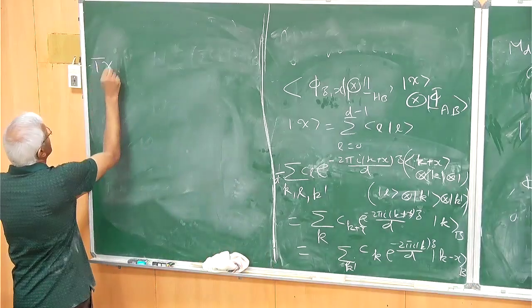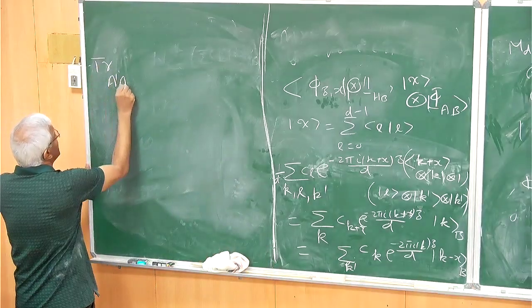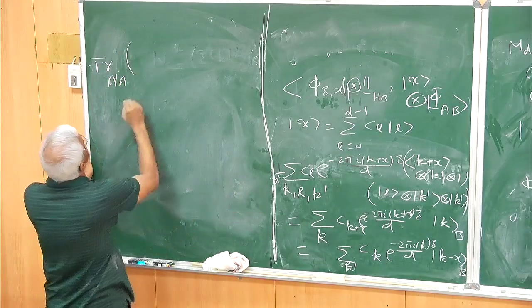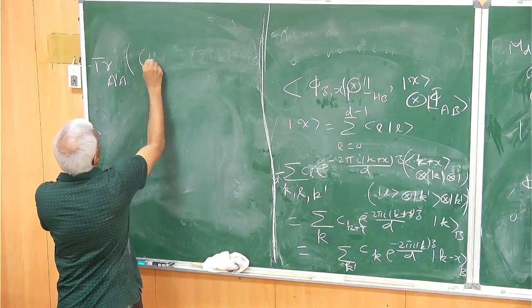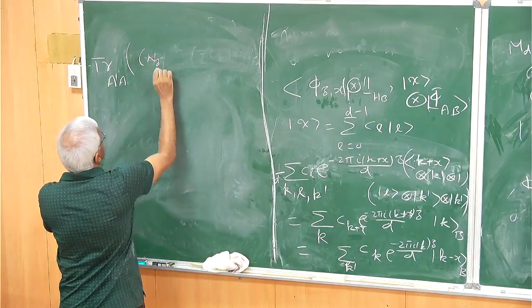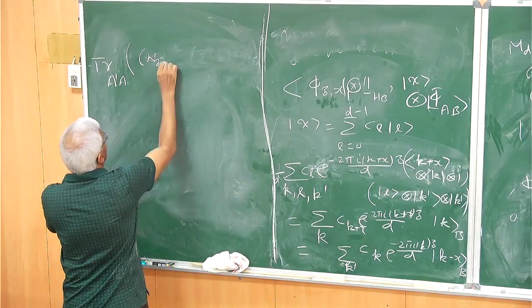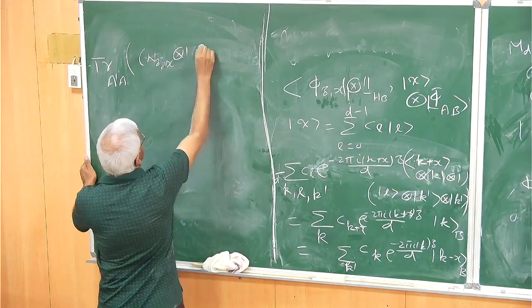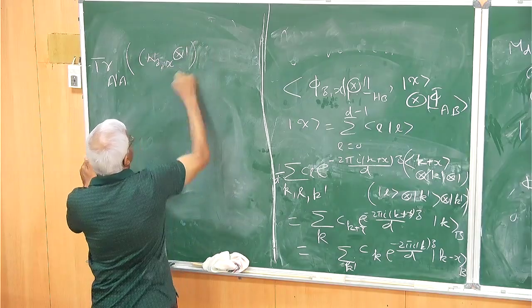What we have is the following. Rho A prime A. That phi xy is nothing but 1 tensor W Zx tensor 1 tensor W Zx tensor 1, that's all.